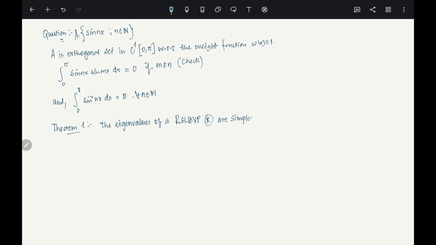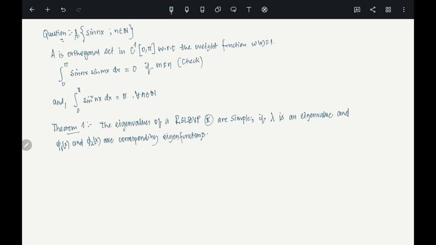What does it mean? Let's just understand what it means. It means that if lambda is an eigenvalue, and phi1 of x and phi2 of x are the corresponding eigenfunctions, you do realize that the eigenfunction for one particular eigenvalue is never going to be unique, right?